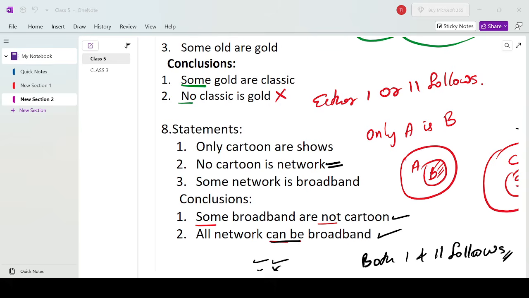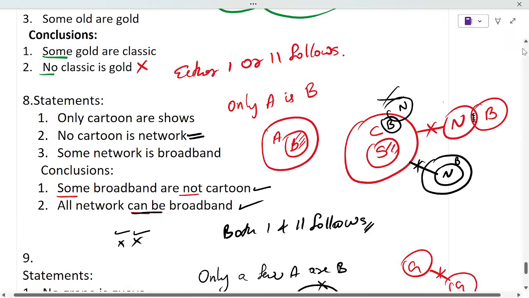Statement 3: some network is broadband. Let me draw it again.